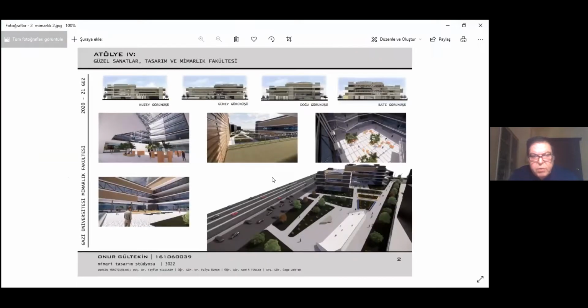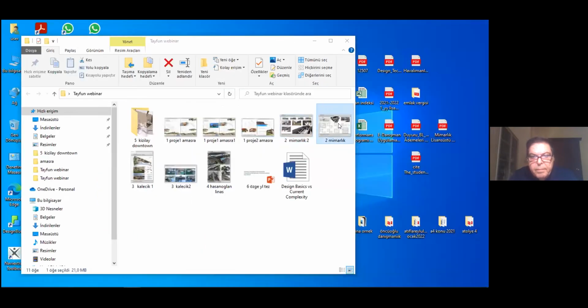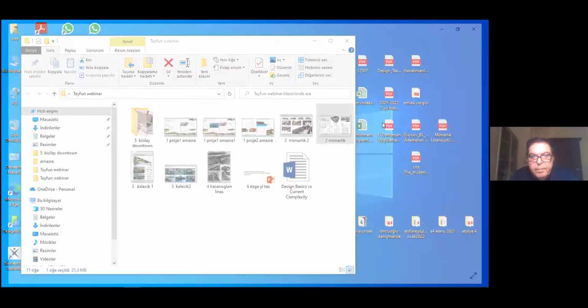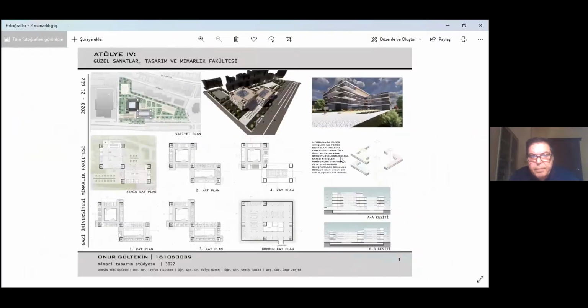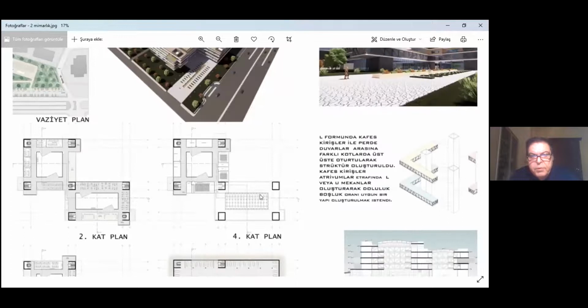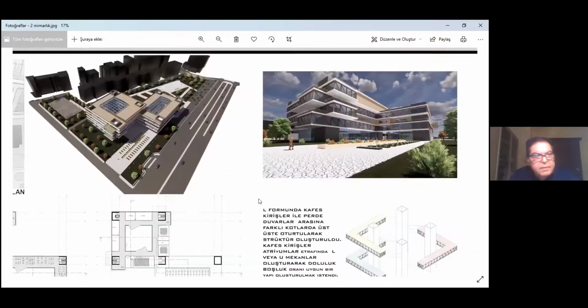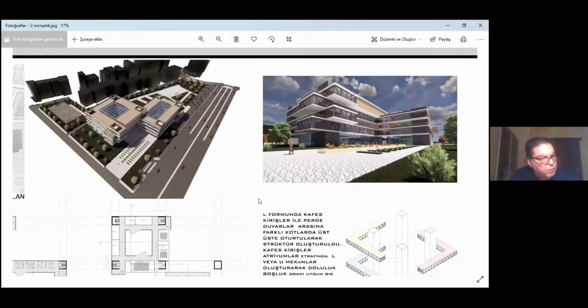That was a third class student's design. The design title was Gazi Faculty of Architecture.